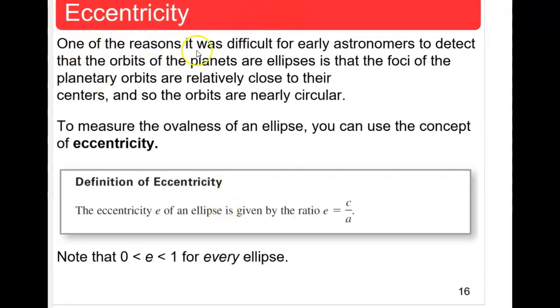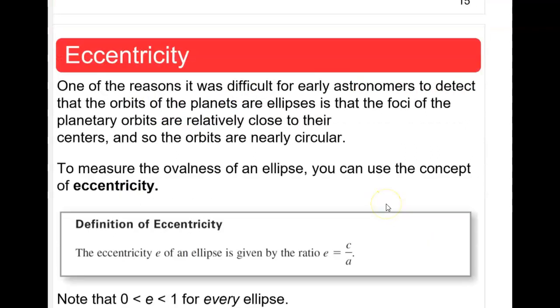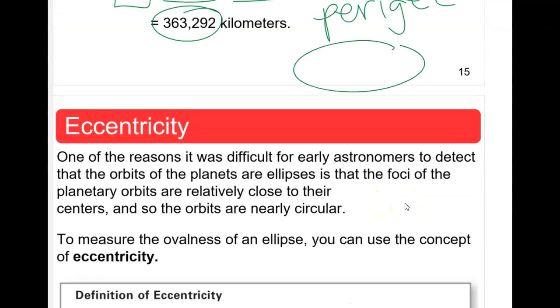eccentricity. So one of the reasons it was difficult for early astronomers to detect that the orbits of the planets were ellipses is that the foci of the planetary orbits are relatively close to their centers. As you could see with some of our graphs, we had the ellipse and then the vertex here and then the center here, and the foci will be something there.